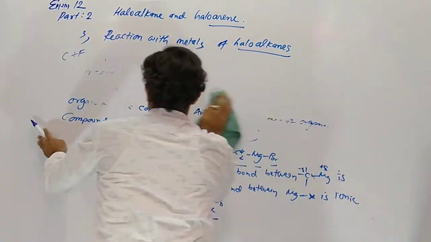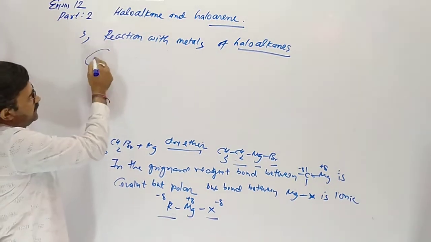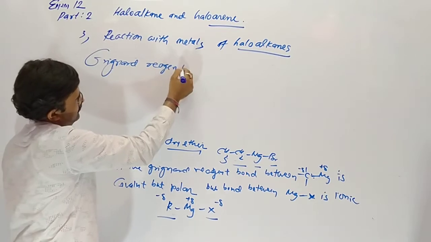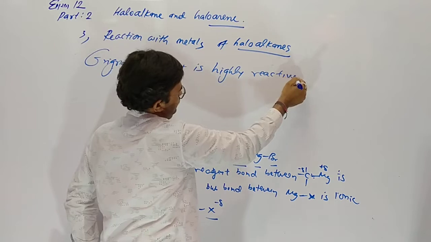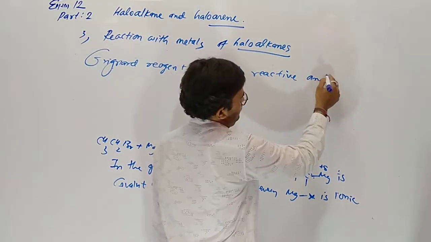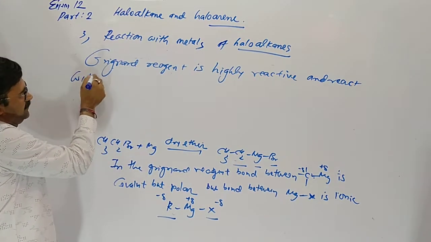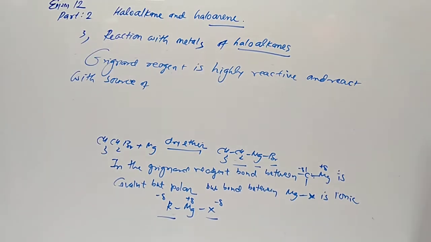Grignard reagent is highly reactive, and reacts with a source of proton to give hydrocarbons.